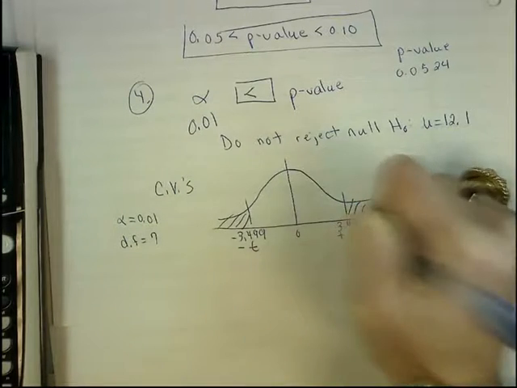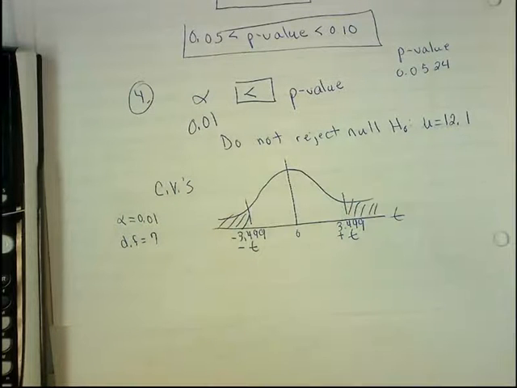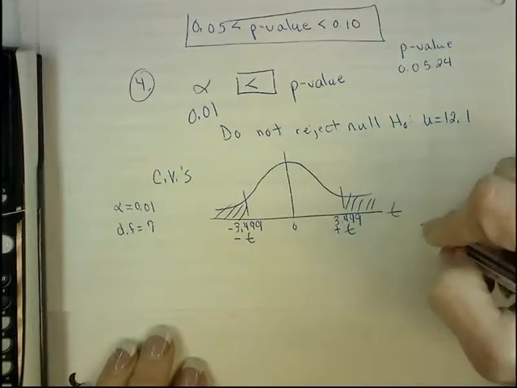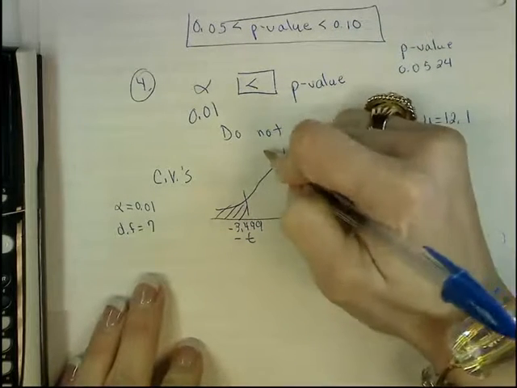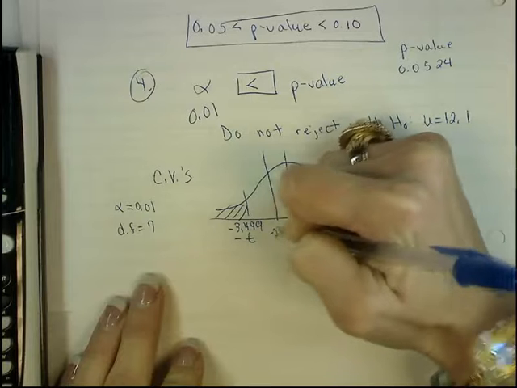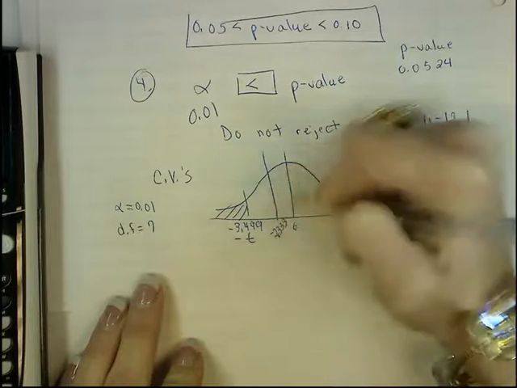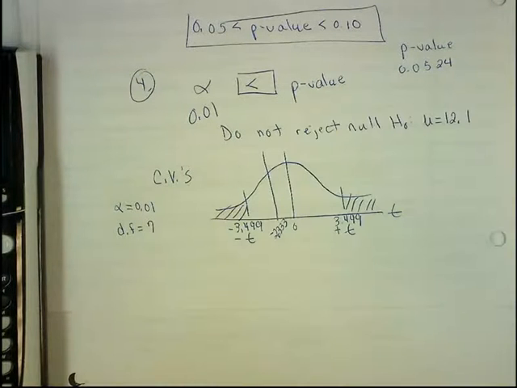So if I did ask for critical values, that's what you would give me. And if you notice, your test statistic of negative 2.33 falls here. Therefore, do not reject the null by the traditional method. Same decision. So if I ask for critical values, it's plus and minus 3.499.